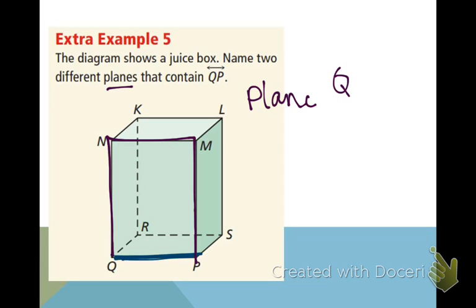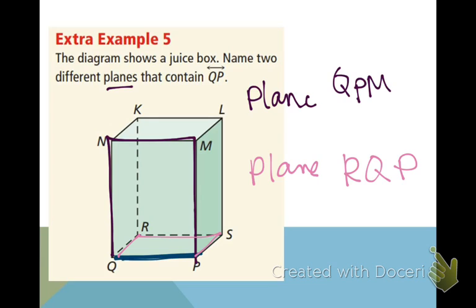So you could say QPM, you could say PQN, NQP, QNM, NMP, PMN, anything like that. And then the second part that it is included in is the bottom of the box. So we could say plane RQP, you could say PQR, QPS, PSR, RSP, any combination of those 3 letters.